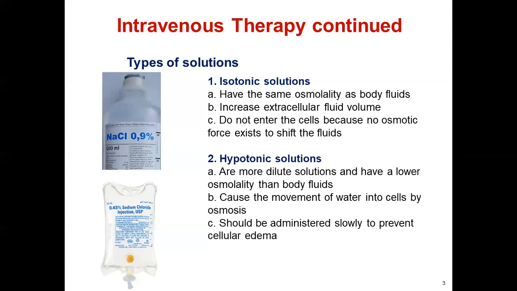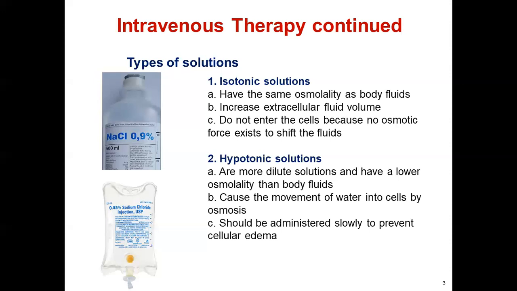Usually 0.45% normal saline is an example of hypotonic solution. The common indications of hypotonic solution: we use it for dehydration, hypernatremia, or lower blood pressure, right?